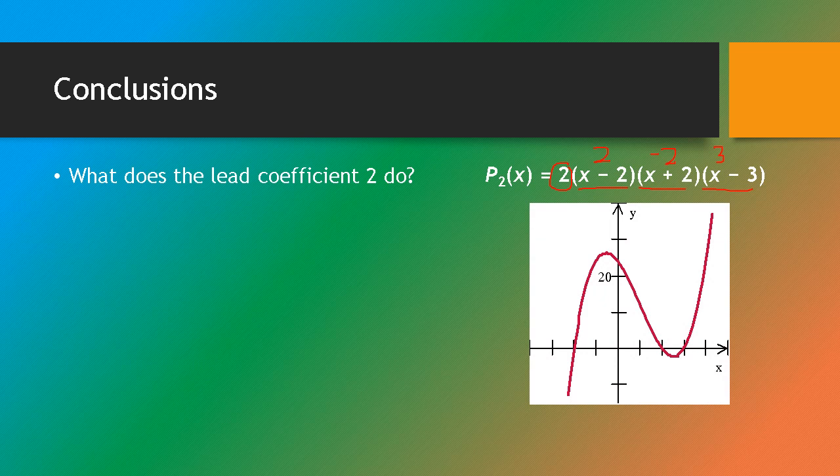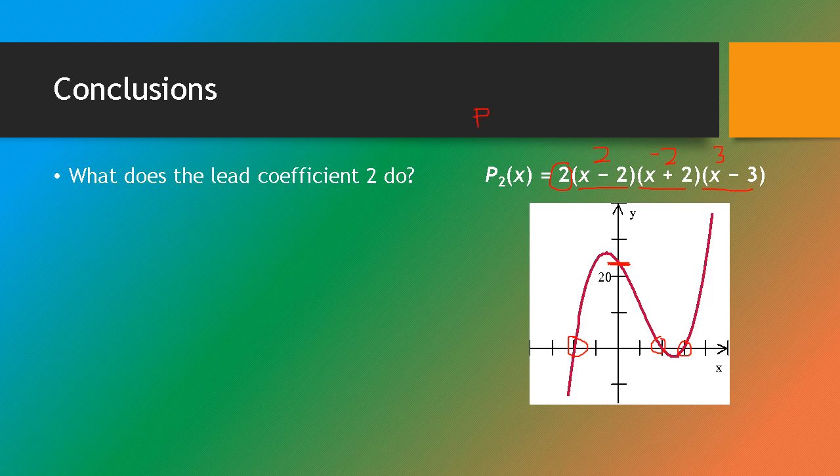If we identify the graph for this polynomial, you'll notice there's our x-intercepts, negative 2, positive 3. The 2 comes in then when we try and calculate the y-intercept. So what is this y-intercept over here?